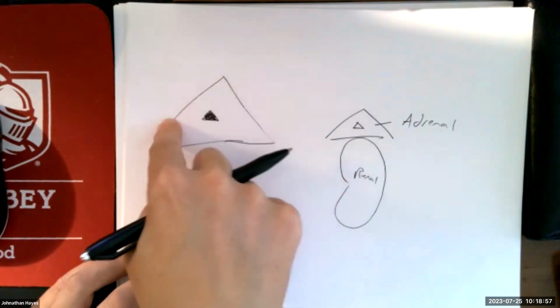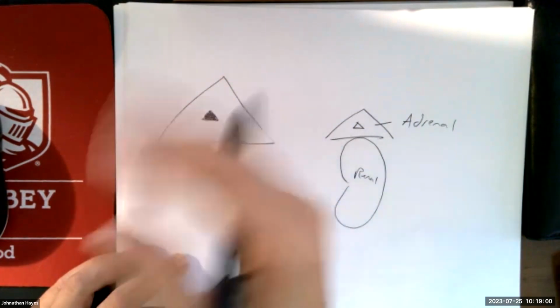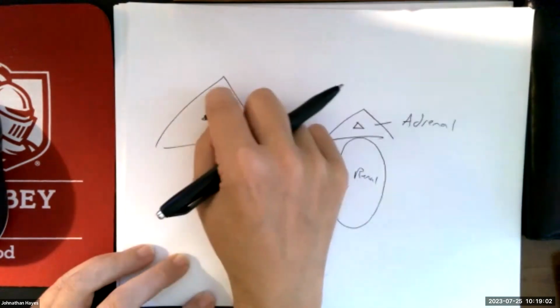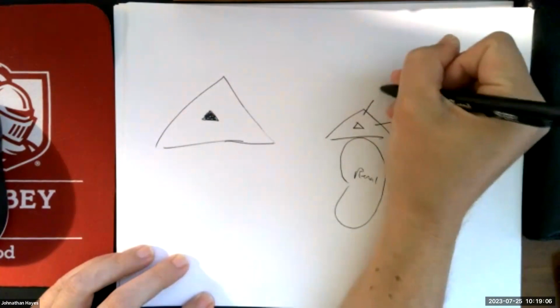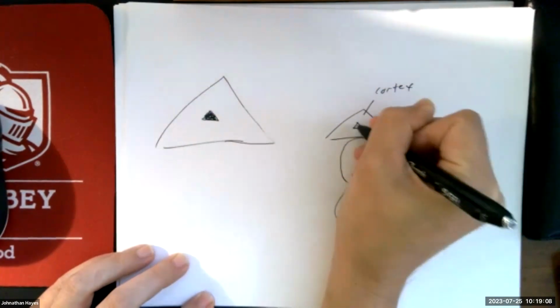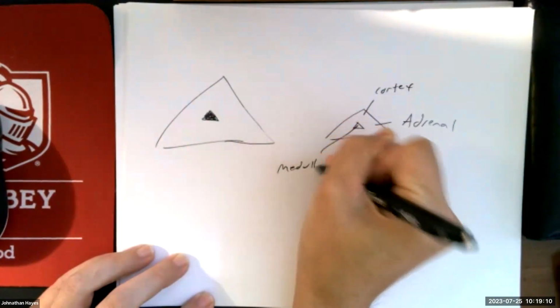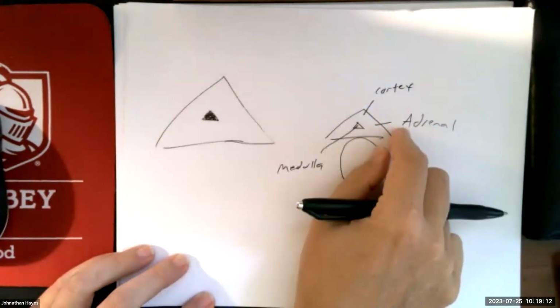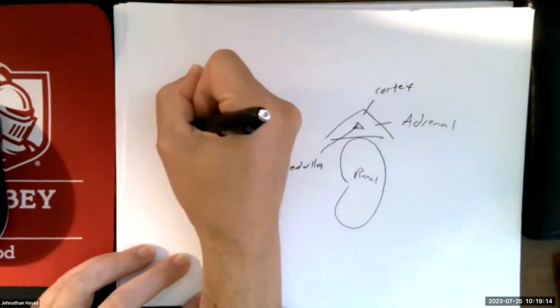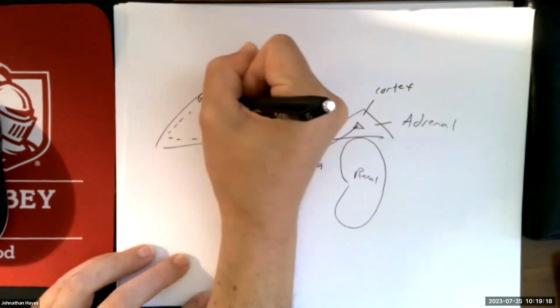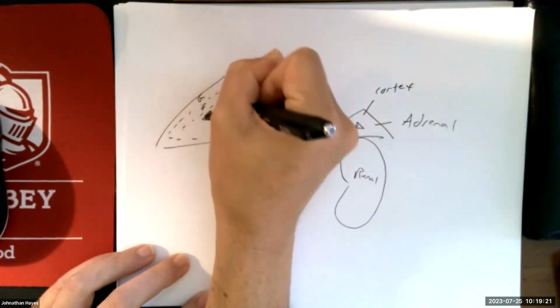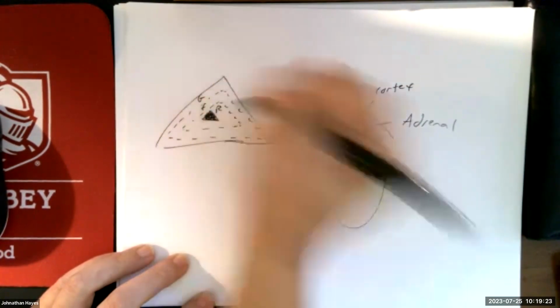But other hormones like aldosterone, cortisol, and adrenal androgens come from the outer part of the adrenal gland called the cortex. So again, here's the cortex of the adrenal gland. Here is the medulla. Okay. So the cortex is where aldosterone is going to come from. And specifically, it comes from a place called zona glomerulosa, right? So again, this is just a refresher of endocrine.